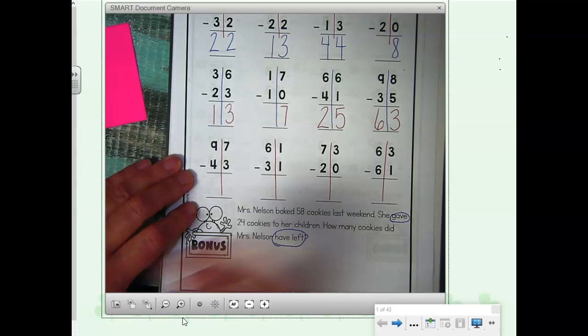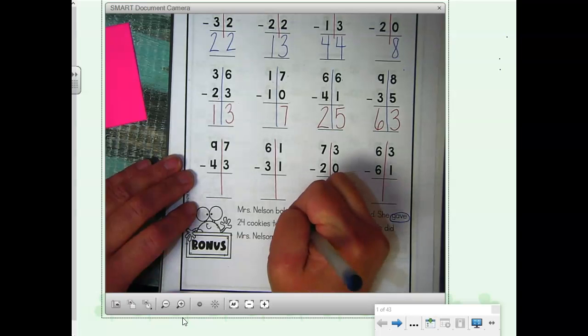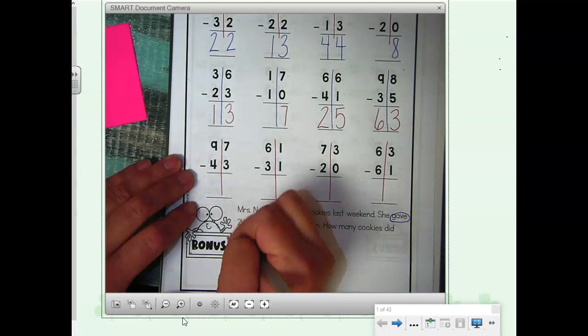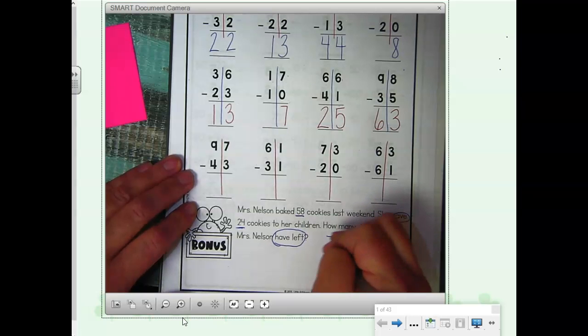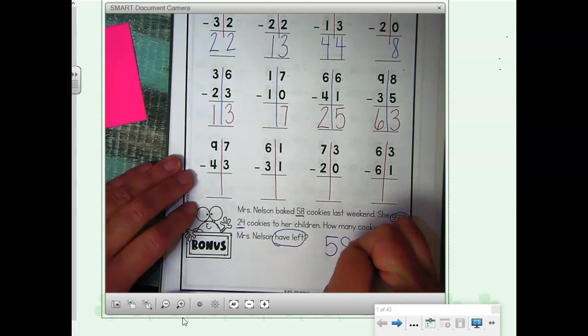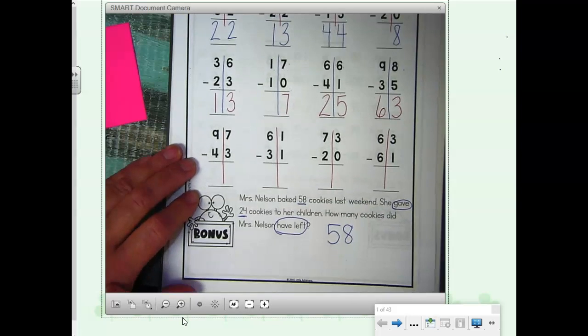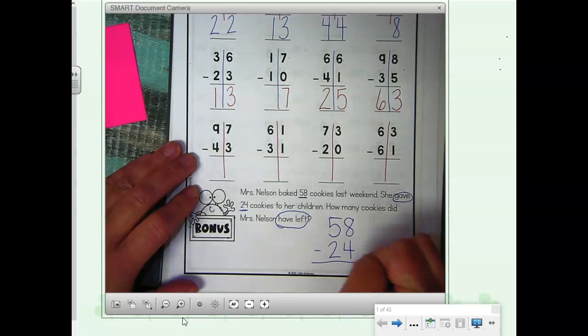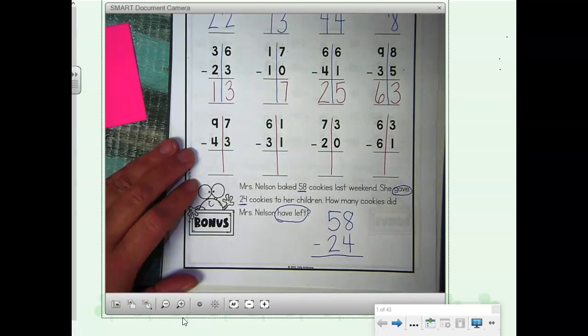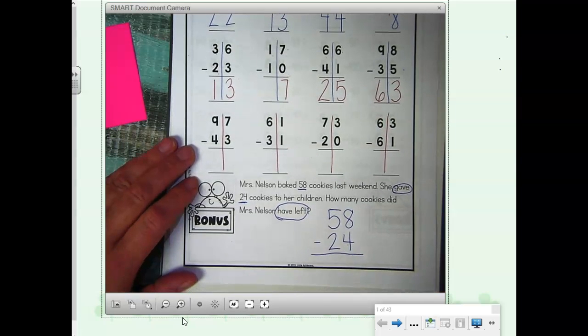All right, so she started with 58 and she gave 24. So what's my big number? 58. It goes on top. All right, she gave 24. So we're going to subtract or minus the 24. And we will know how many she has left.